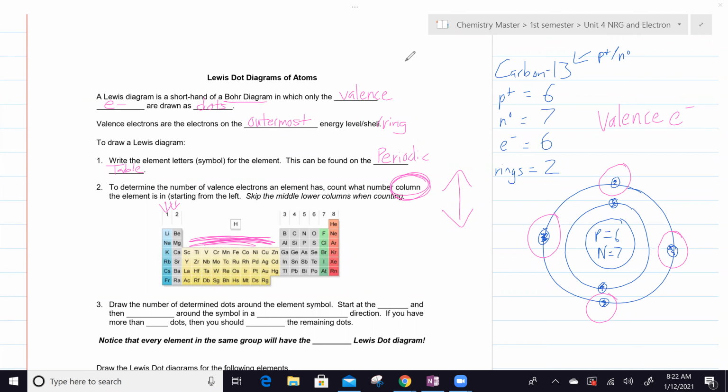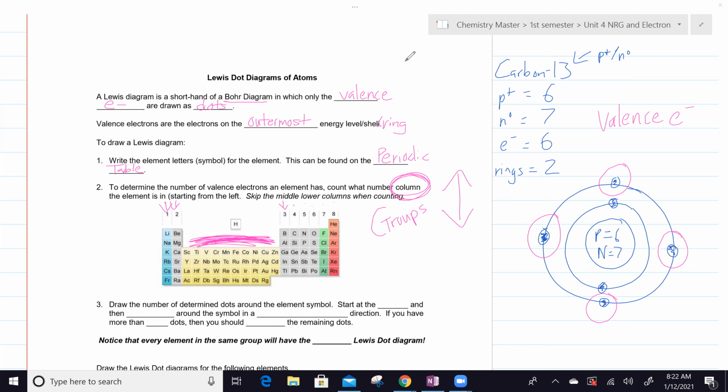Then you skip the ones down here in the valley, and then 3, 4, 5, 6, 7, 8. We call them columns, or we'll find out later on that they're also called groups.